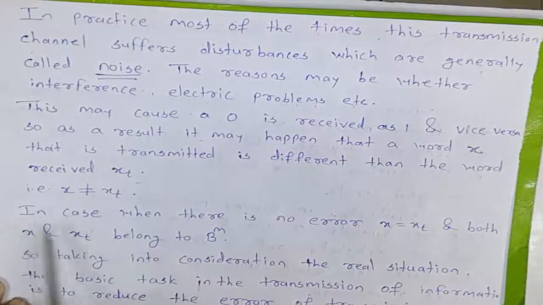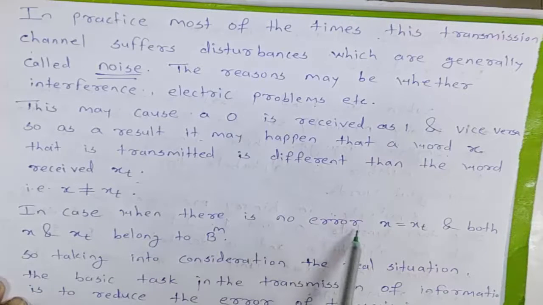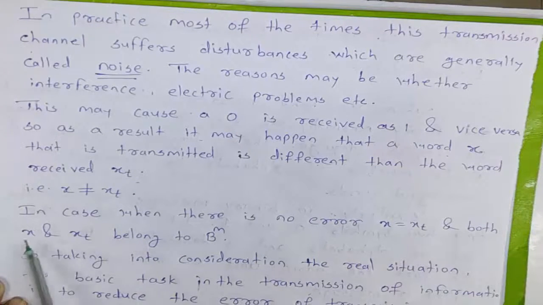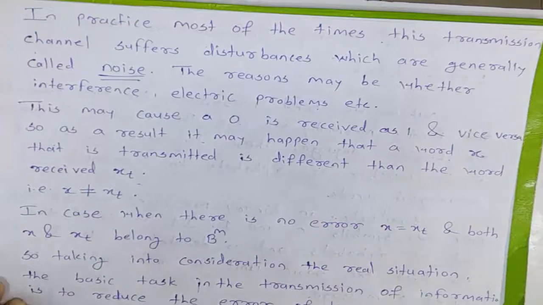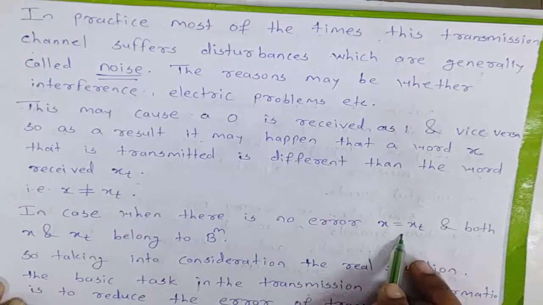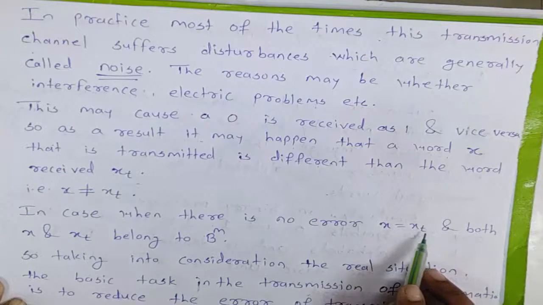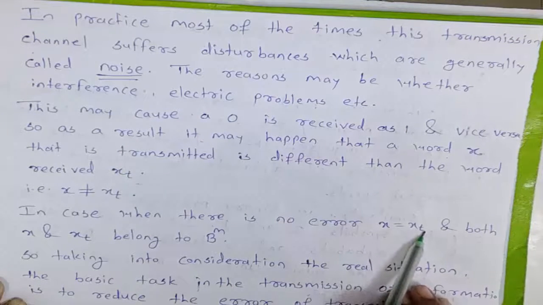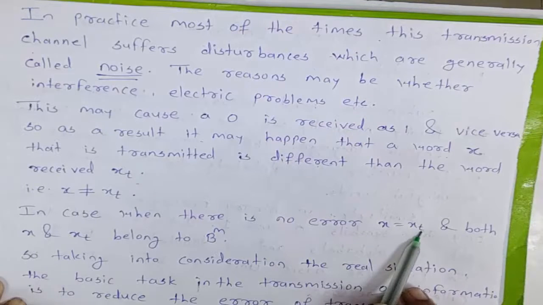Now in this case, when there is no error, x is equal to xt and both x and xt belong to B raised to m. If there is no error, that is, the word x is transmitted and the word received is xt, then x is equal to xt, and these both belong to B raised to m.